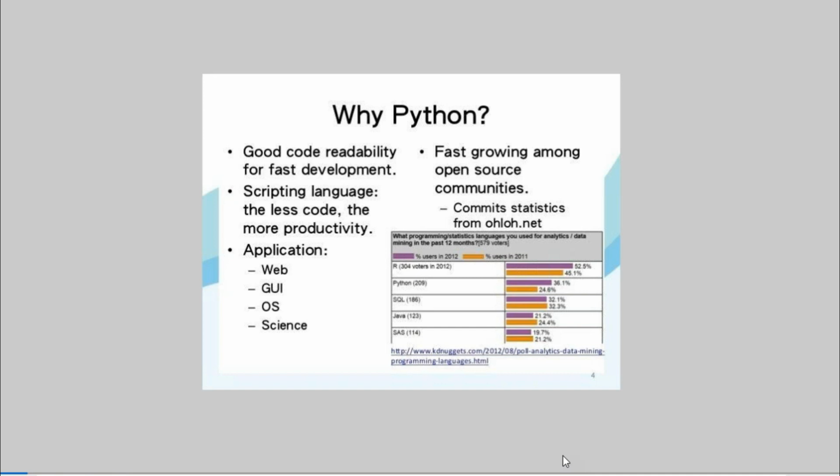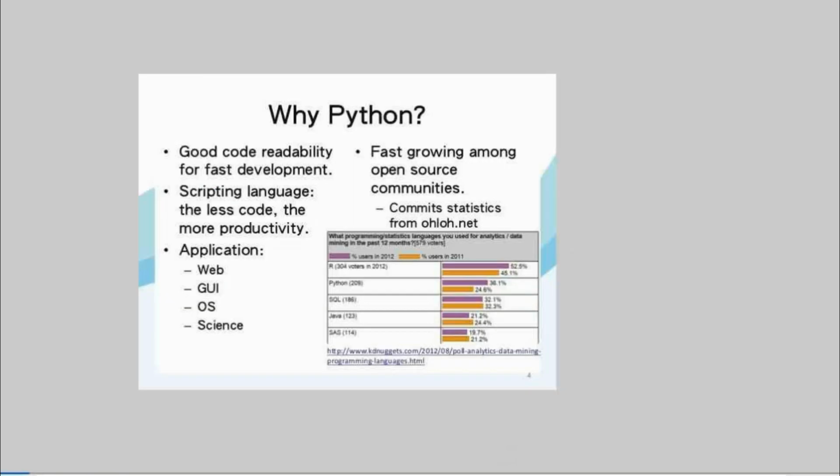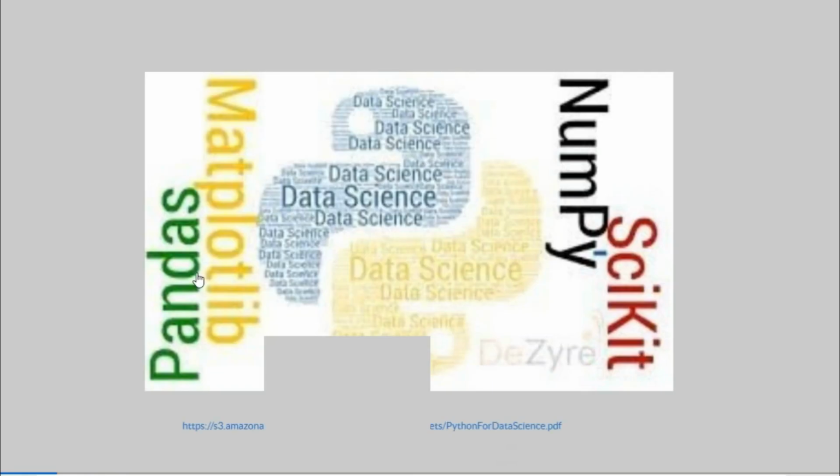A very huge list of packages is there, and those are very useful for the entire data science. I'll mention a couple of packages here: one is NumPy, another is Pandas, Matplotlib, Scikit. There are other third party packages also, but the very popular ones are these four or five.